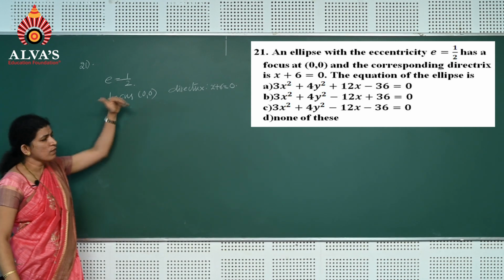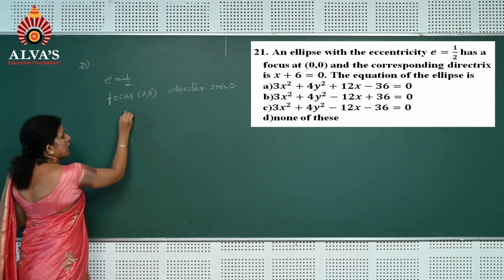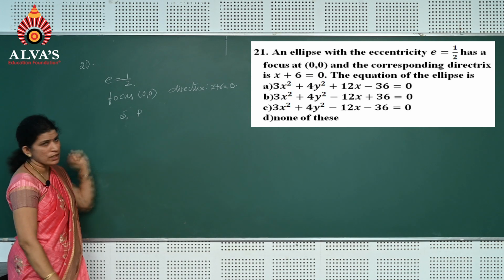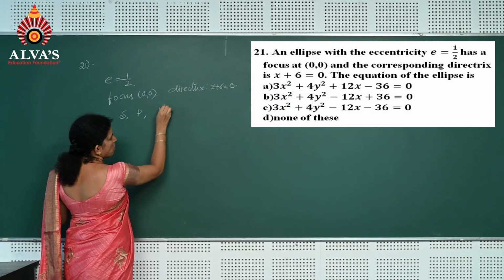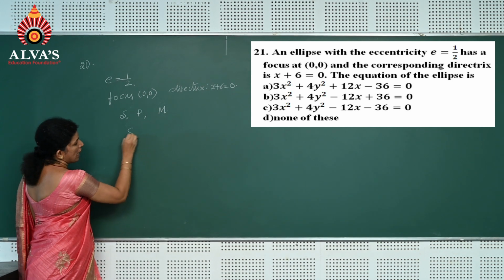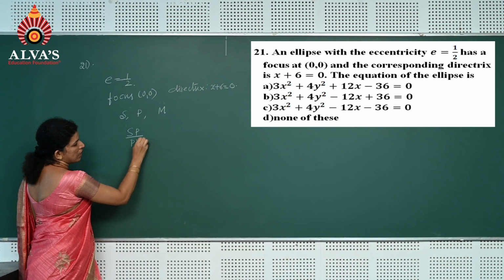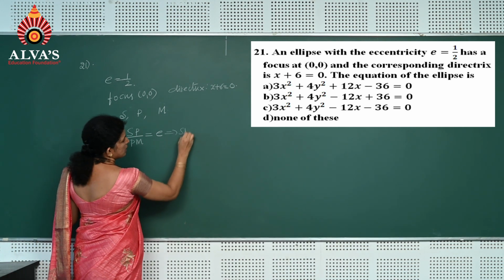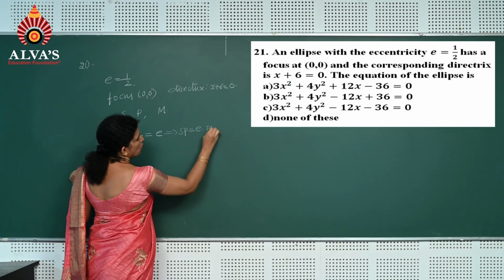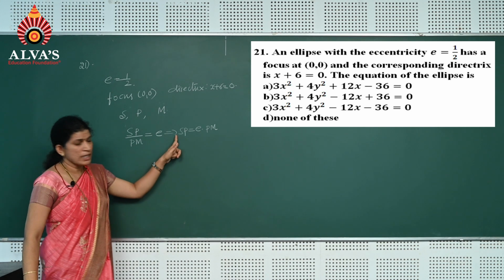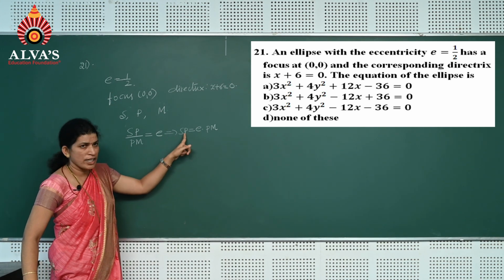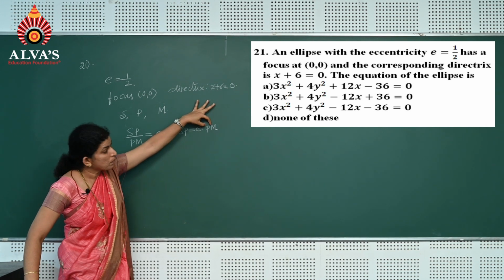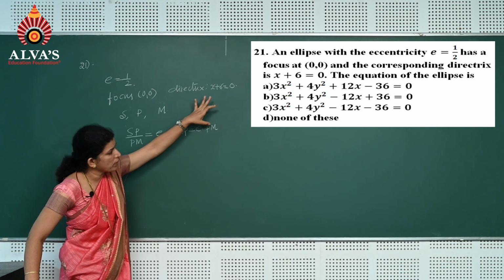Whatever the conic section may be, if S is the focus, P is any point on the curve and M is the point on the directrix, we know SP by PM is constant, and that constant is nothing but E, meaning SP equal to E into PM, where SP is the distance from the focus to any point on the curve, E stands for eccentricity, and PM is the perpendicular distance from the point P to the directrix.